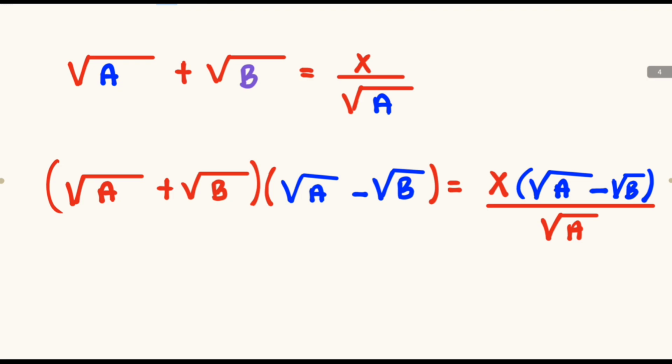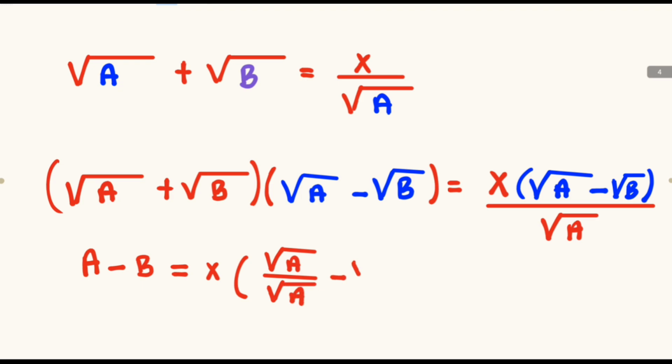Since we have the result of the difference of two squares, the left hand side will simplify to a minus b, and this will be equal to x times the square root of a divided by the square root of a, minus the square root of b divided by the square root of a. And a divided by a is equal to 1.